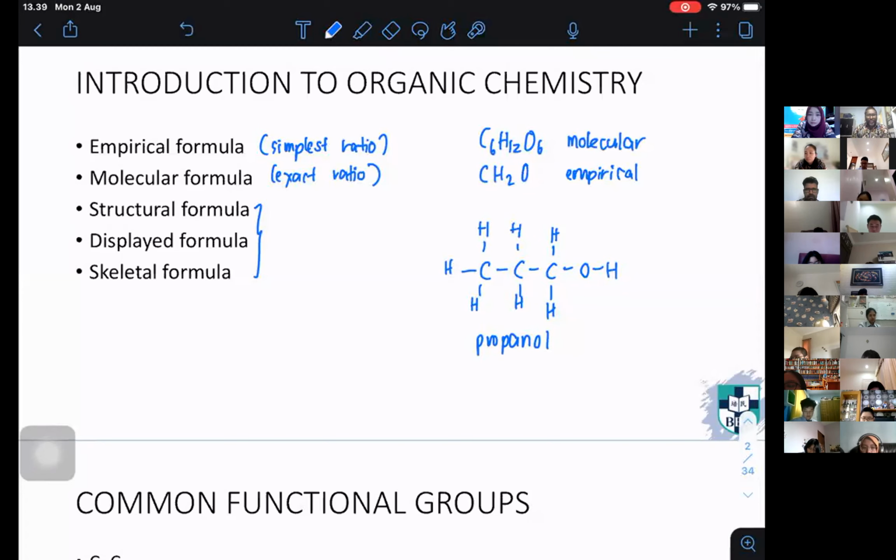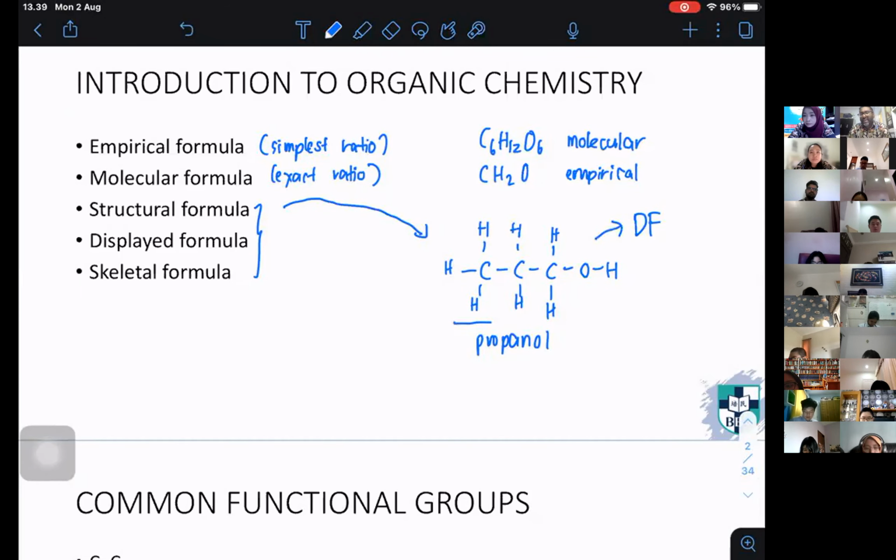And let's say we are going to use propanol, and I am going to write the structural formula. How do I write the structural formula for propanol? This is the displayed formula, DF, and I want to write the structural formula. It's quite easy.